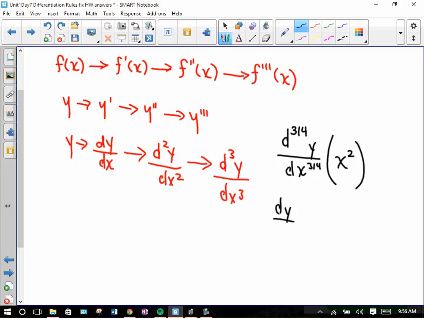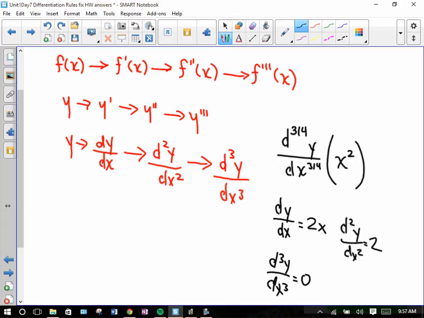And the second derivative is what? The second derivative is 2. That's a constant. Correct. So the third derivative is 0.